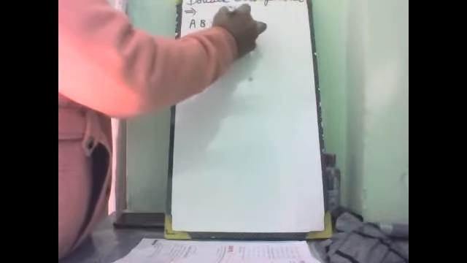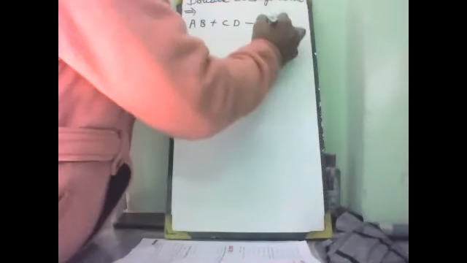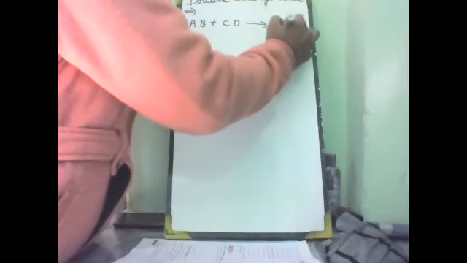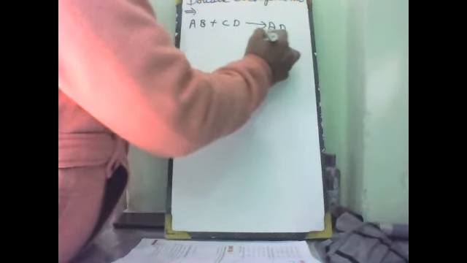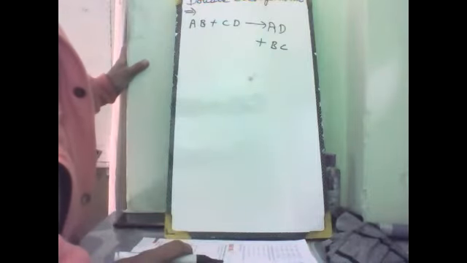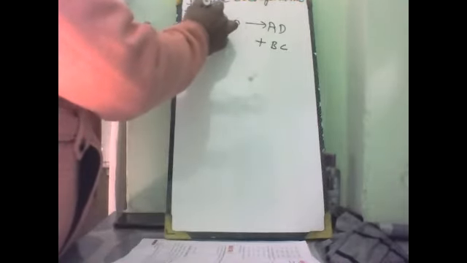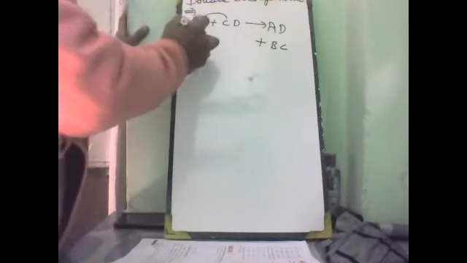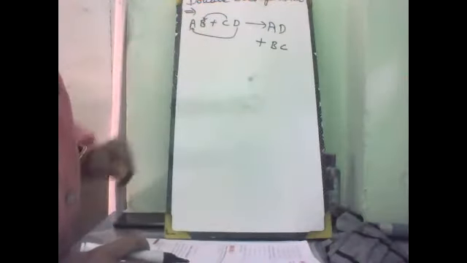AB plus CD: when they react, B is replaced by D and C is replaced by B. A new compound is formed between AD and BC.